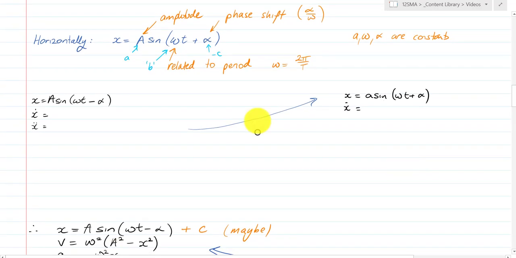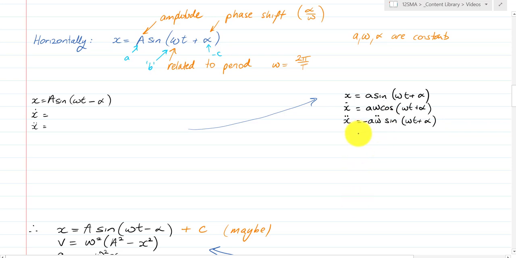But now let's have a look at how we derive these formulas that come about due to simple harmonic motion. Over here I've got my displacement, and then x dot is my velocity, and hopefully you can see that my velocity is equal to a omega cos of omega t plus alpha. That doesn't change on the inside. The sine goes to cos, it stays positive, and we get a factor of omega on the outside. And of course I can also determine from this x double dot, which will be a omega squared, and then sine of omega t plus alpha, and of course that will be negative because cos goes to negative sine.